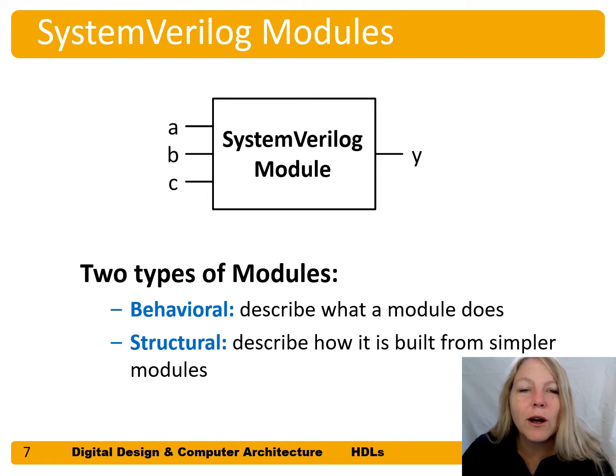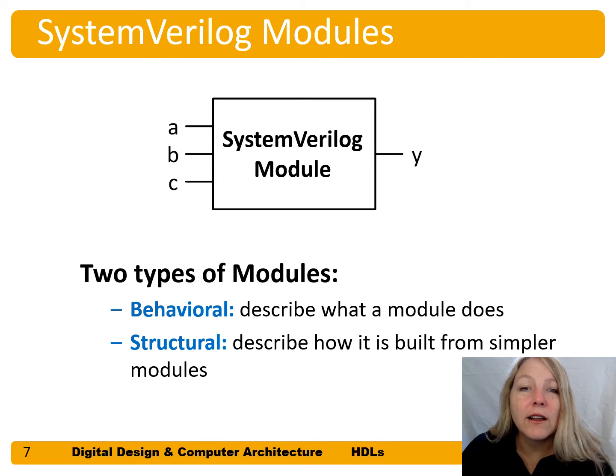So there are two types of modules, behavioral module and a structural module. The modules have inputs. Here we show A, B, and C as inputs on the left and an output, Y, so they have an interface. But the difference between these two types of modules is that behavioral modules describe what the module does. So it describes the behavior of the circuit, but not how the components are put together.